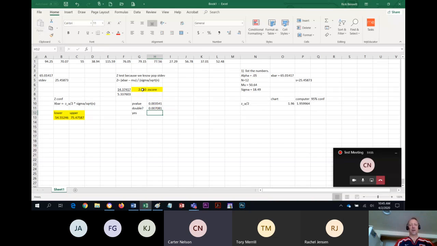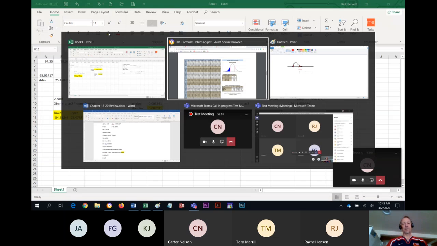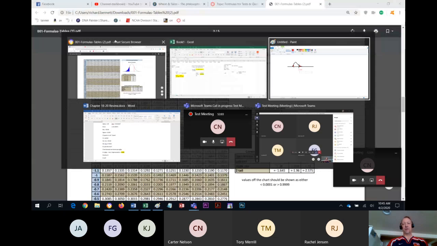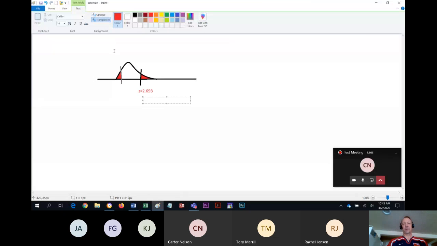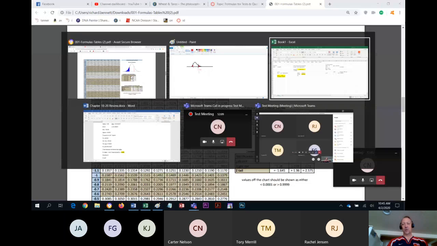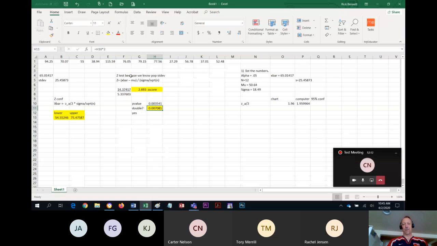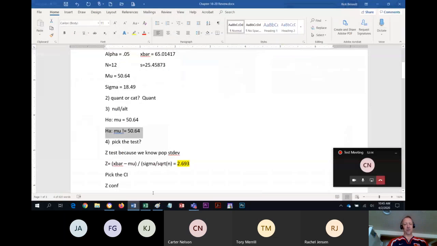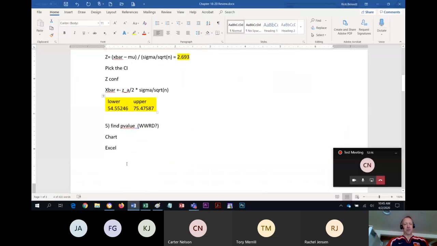Okay, so my p-value is 0.007. So I can put that back here. All right, there's where I wanted to go. So step number 5, Excel p-value equals 0.0071.